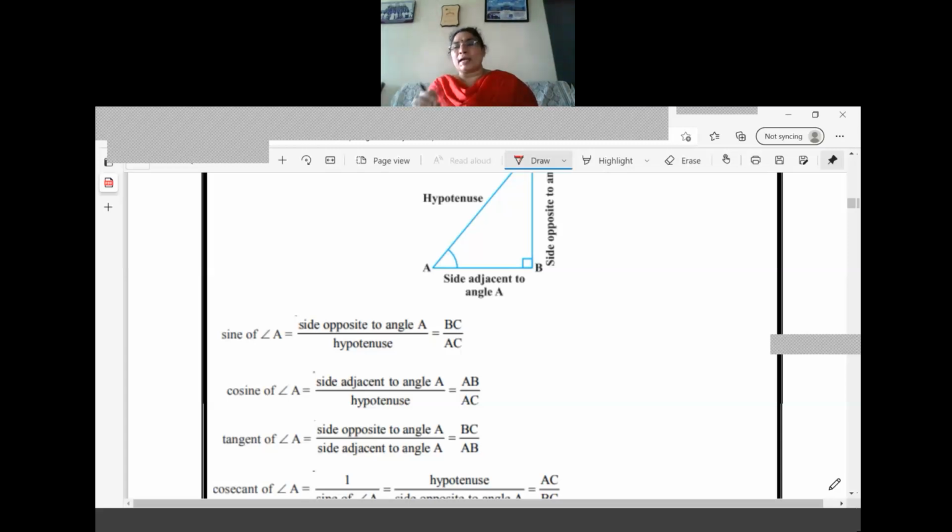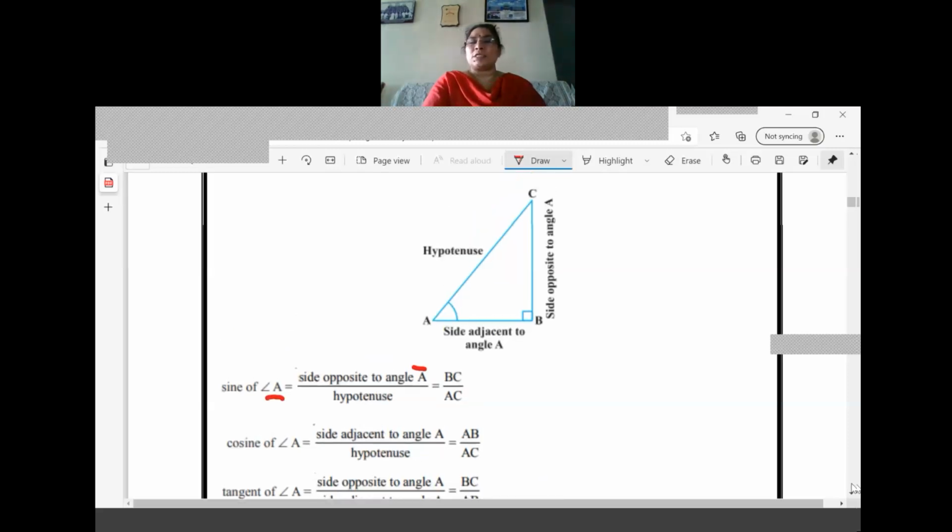Sine of angle A. What is the meaning of sine of angle A? It means it's a ratio only. How will the ratio be taken? The side opposite to angle A with respect to the hypotenuse. Now, which is the opposite side with respect to A? With respect to A, the opposite side is BC.